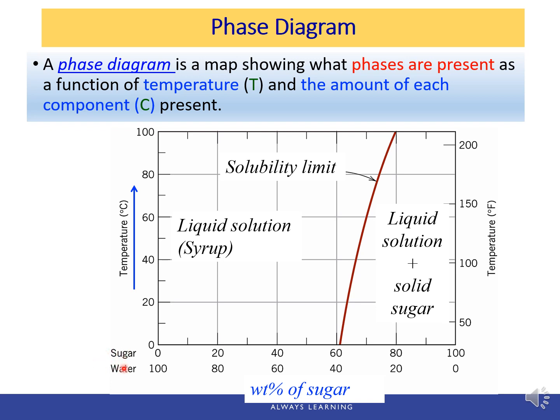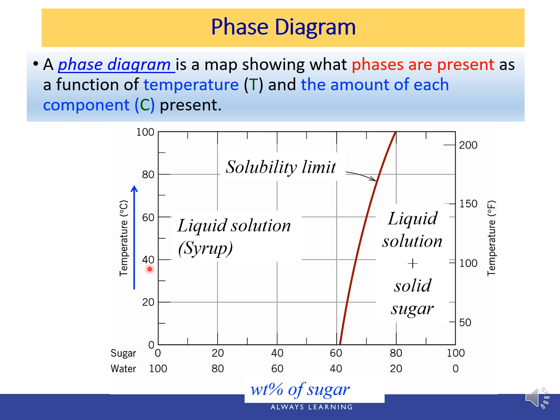The amounts of the two components add up to 100%. So we have the weight percent of sugar, and 100 minus the weight percent of sugar gives the weight percent of water. For example, if we have 20% sugar, then 80% will be water. If we have 60% sugar, then we will have 40% water.